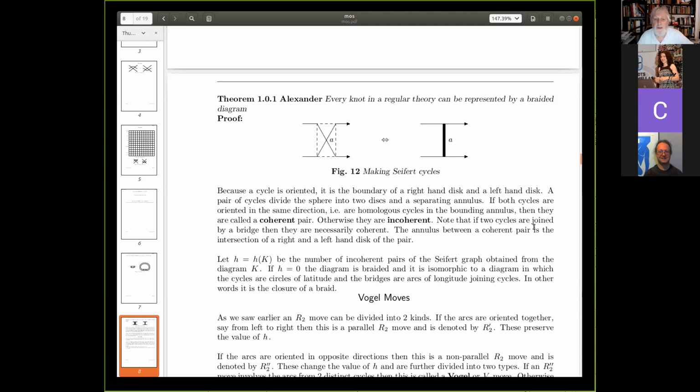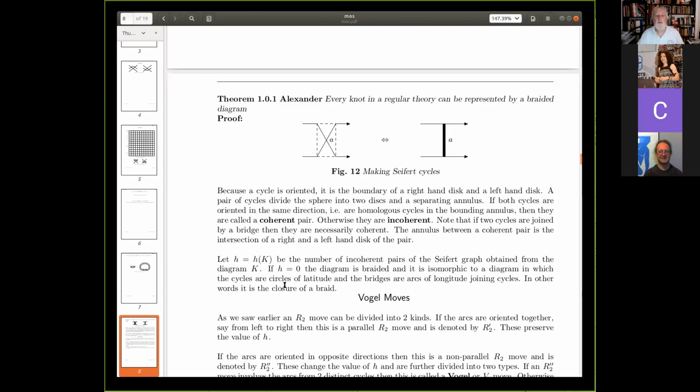Note that if two cycles are joined by a bridge, like here, then they are necessarily coherent. And the annulus between a coherent pair is the intersection of a right and a left-handed disk of the pair. Now we've got a little number, which is h. h is the number of incoherent pairs of the Seifert graph obtained from the diagram K. If h equals 0, the diagram is braided.